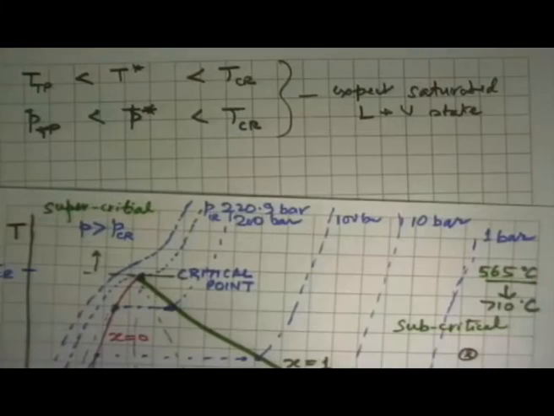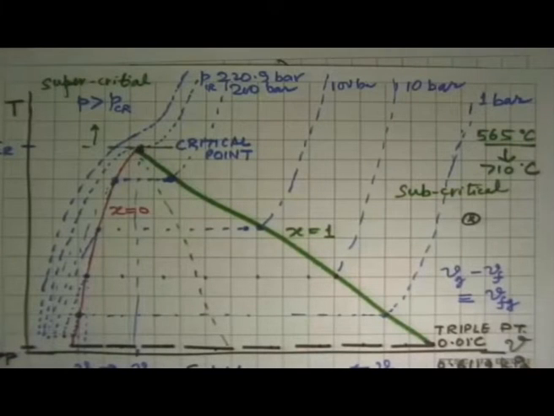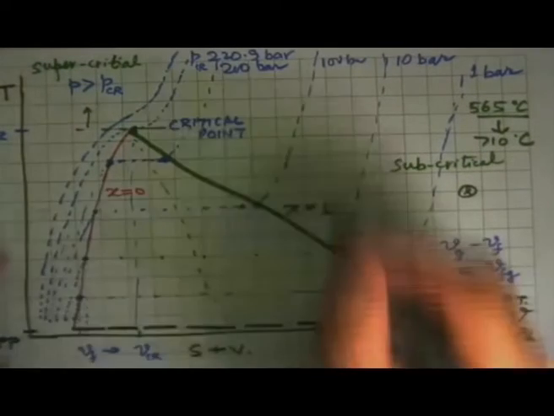At temperatures below the triple point, we get saturated solid plus vapor phases. The other points are where you get solid plus liquid phases. Okay, so that becomes the big picture of what is called the TV diagram.